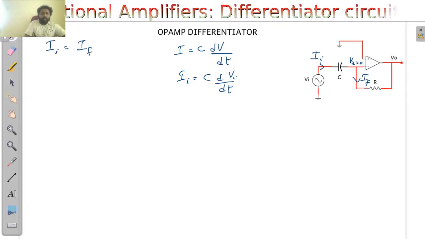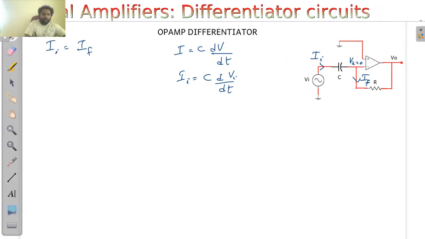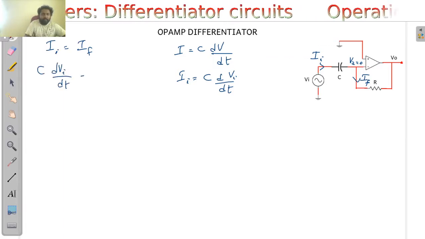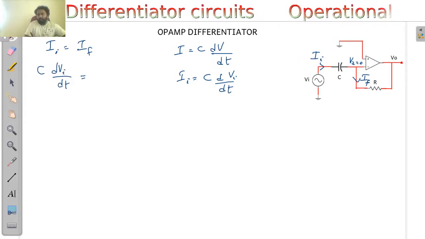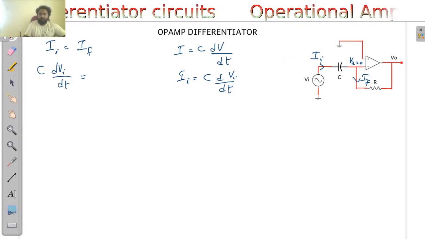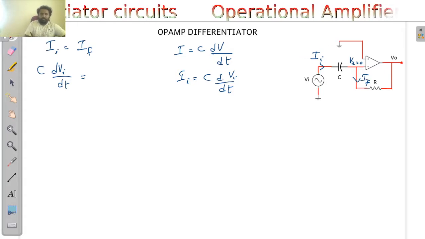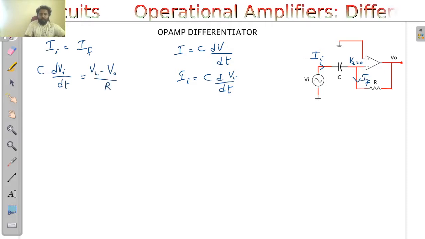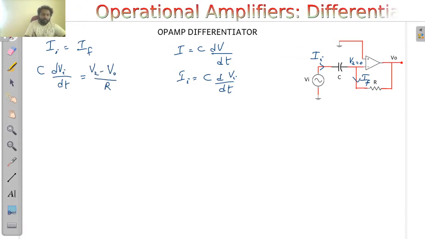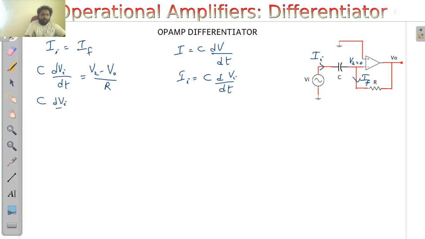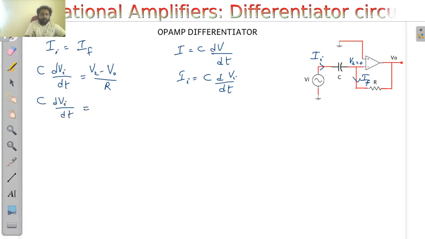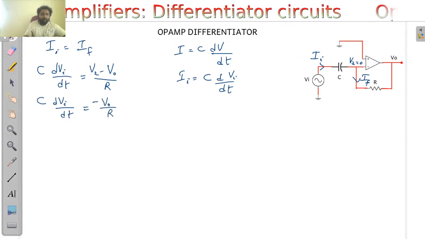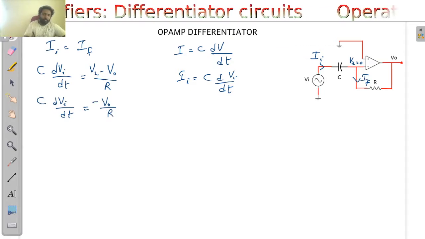When you substitute for I_I from this equation, then it is C dVi/dt is equal to I_F. What is I_F? I_F is the voltage difference divided by resistance, so it is (V2 minus VO) divided by the resistance in the feedback. So this will be C dVi/dt equal to minus VO by R. Why minus VO? Because V2 is 0.